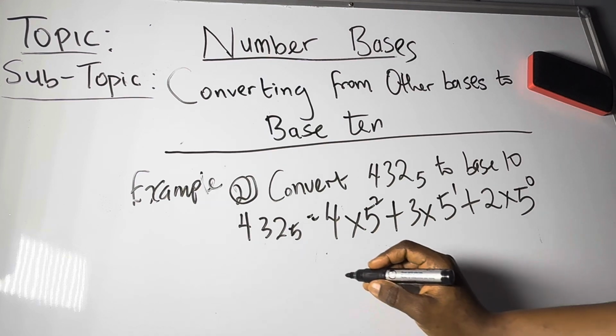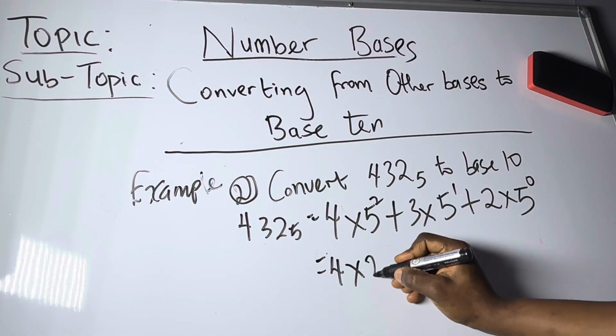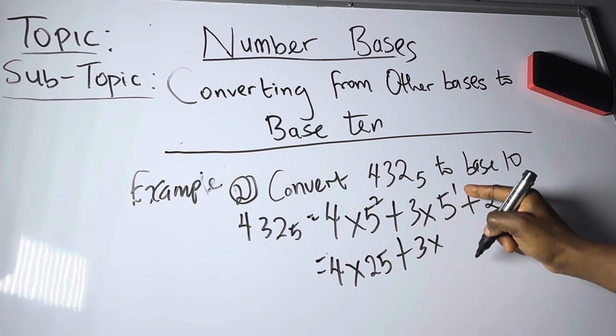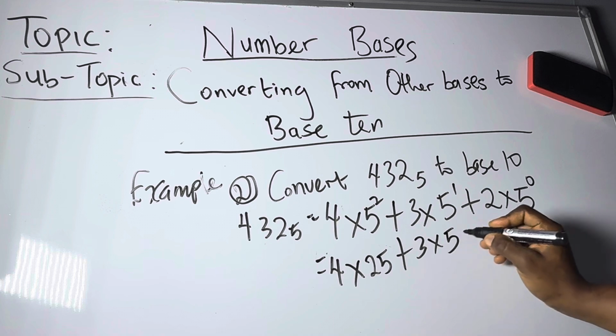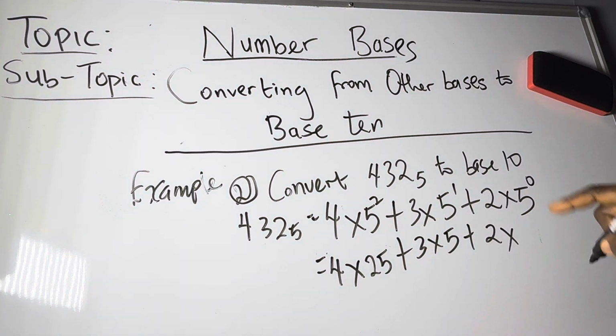So here we have 4 times 5 raised to the power 2, which is 25, plus 3 times 5 raised to the power 1, which is still 5, plus 2 multiplied by 5 raised to the power 0, which is what? That is 1, because anything raised to the power 0 will always give you 1.